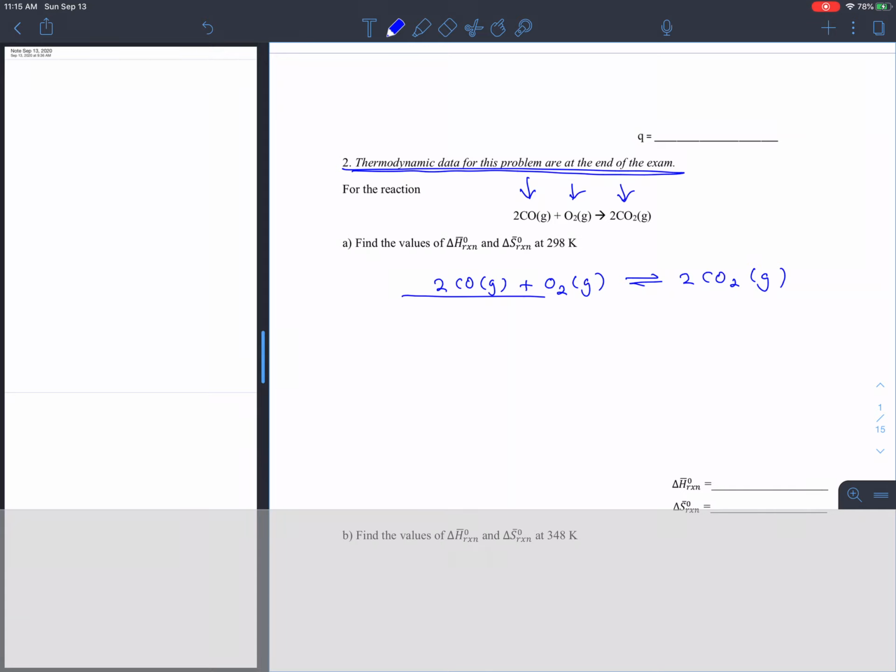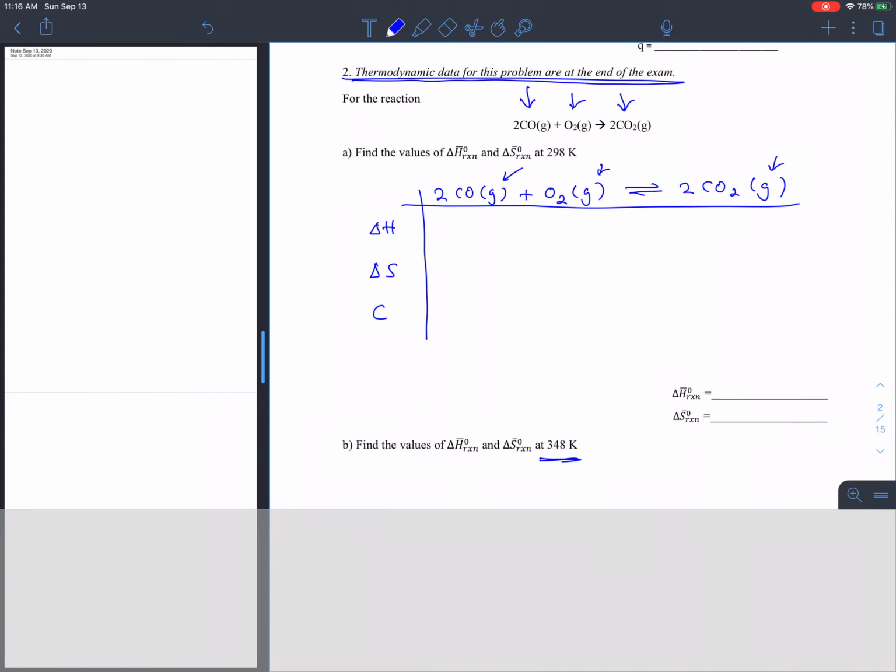Notice that the values we need are all for gaseous species, and we will need delta H, we will need delta S, and eventually, since it's asking down here for these quantities at a different temperature, we're going to need the heat capacity data as well.